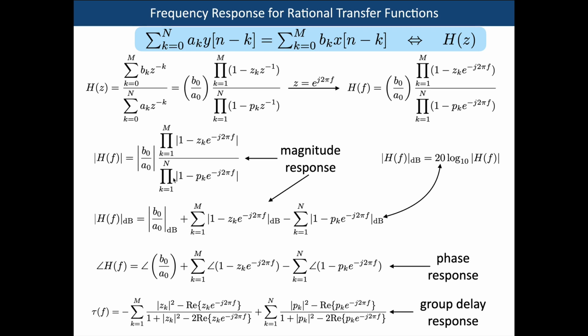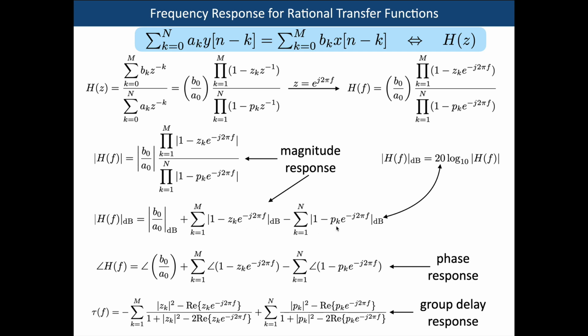Notice that in every one of these terms, the overall response consists of a contribution due to many zeros and many poles, regardless of which expression we're looking at here. So what it would be worth doing would be to focus our attention and ask, what do the magnitude response, the phase response and the group delay look like for a single zero and for a single pole?